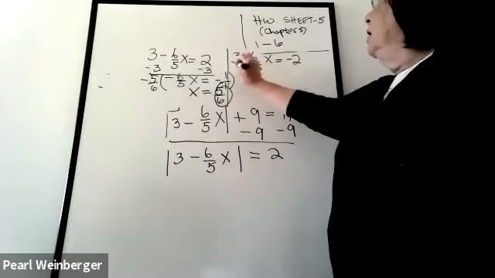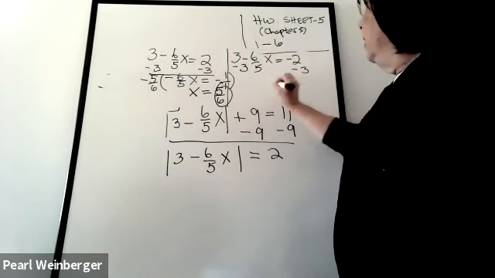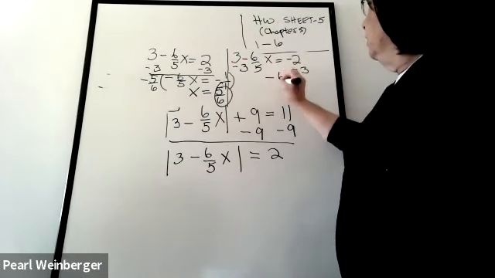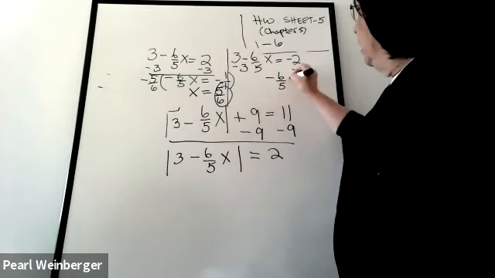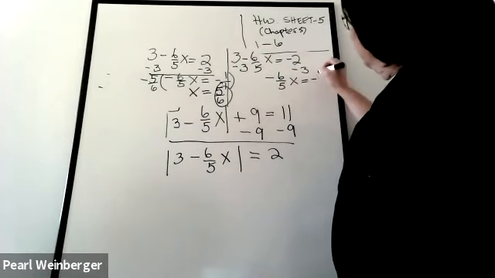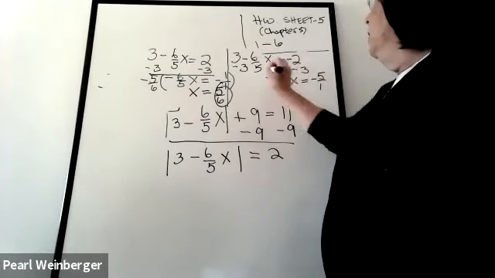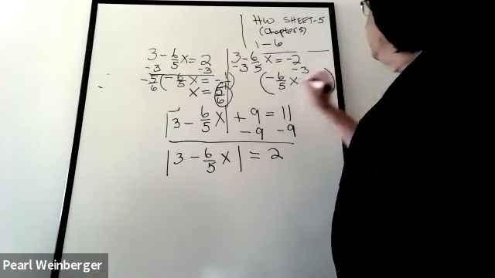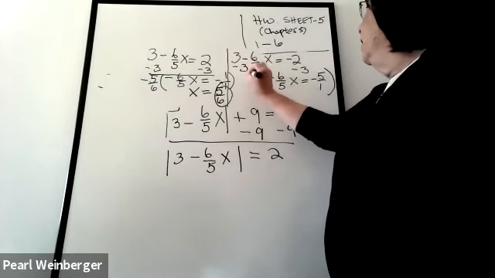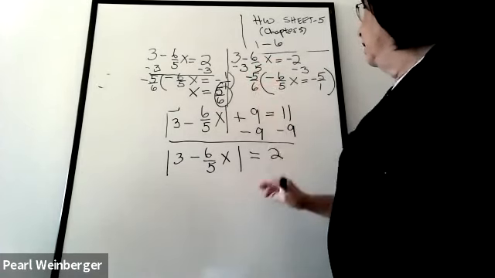On the other side, I do the same thing. I bring 3 to the other side, and I get negative 6 over 5x equals negative 2, and negative 3 is negative 5. Again, I'm going to put this over 1, and again, I'll multiply by the reciprocal. So I will multiply by negative 5 over 6 on both sides.